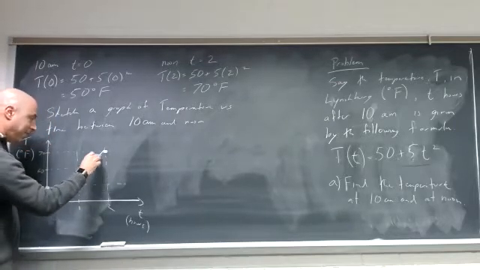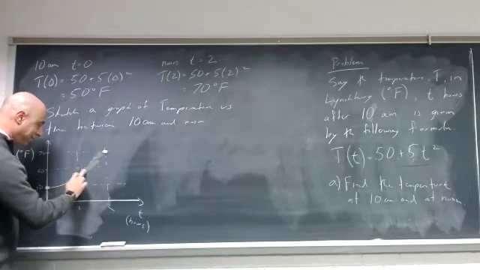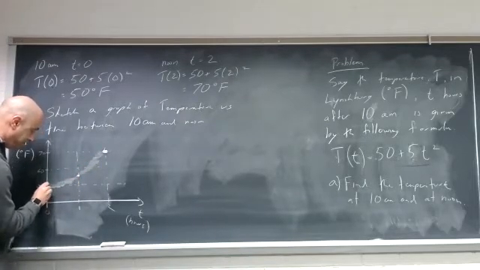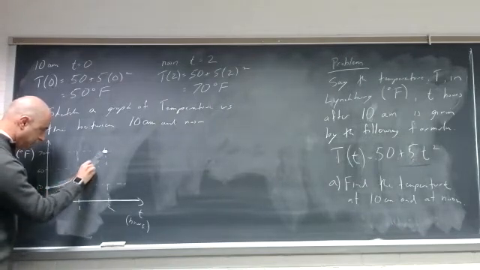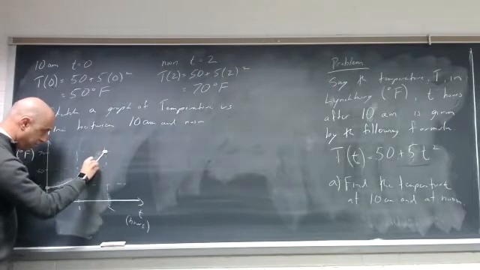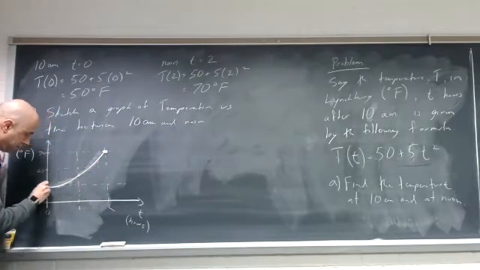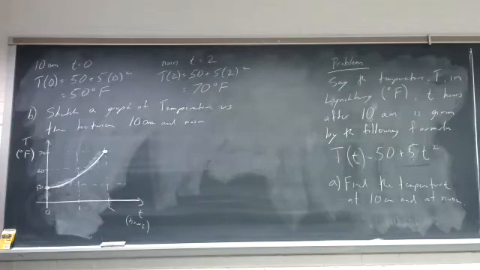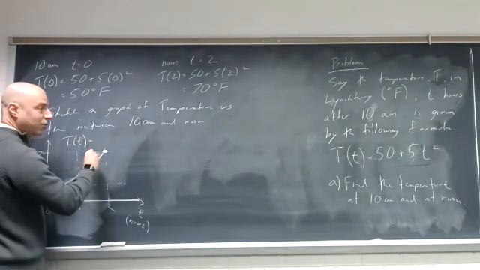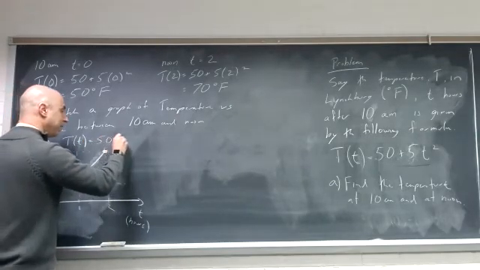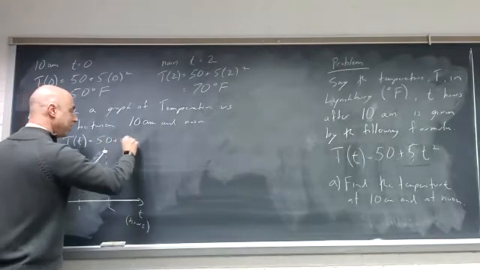That is a pretty awful looking parabola. Try again. Okay. Could be worse. And then, of course, this is a graph of T equals 50 plus 5t squared, that parabola.